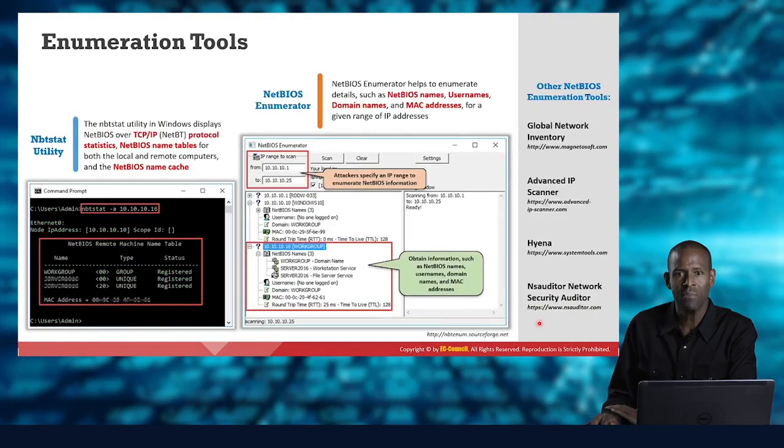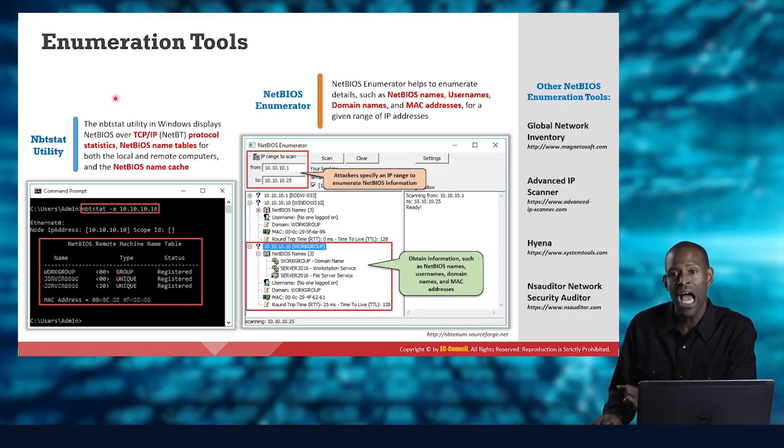Next we look at some enumeration tools. A command that I would recommend learning how to use, and there are really only a few iterations of this, so it's not too difficult, is NBTstat. This is looking for Microsoft networks at NetBIOS over TCP/IP, and you can get information on services on the network using NBTstat.